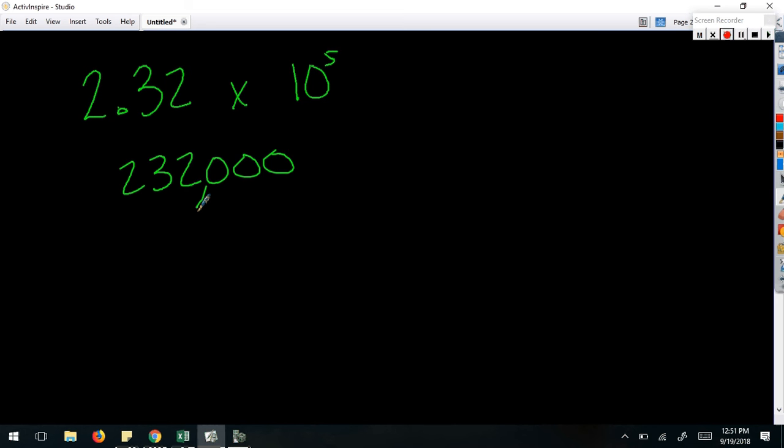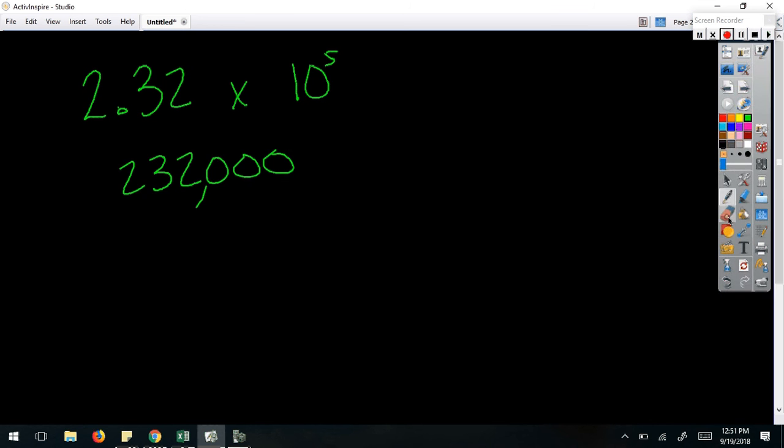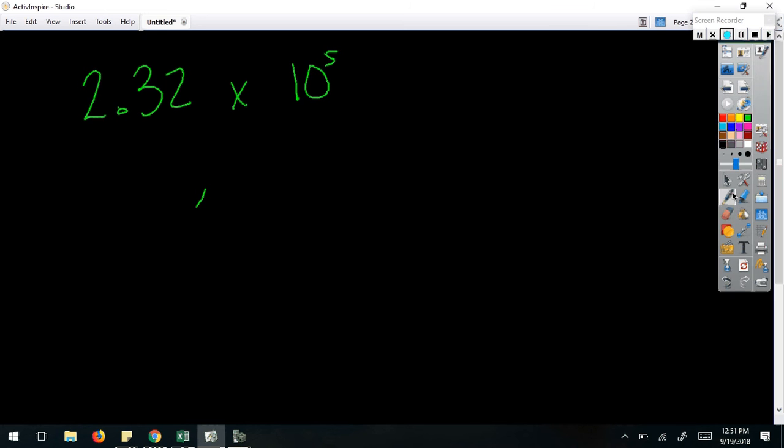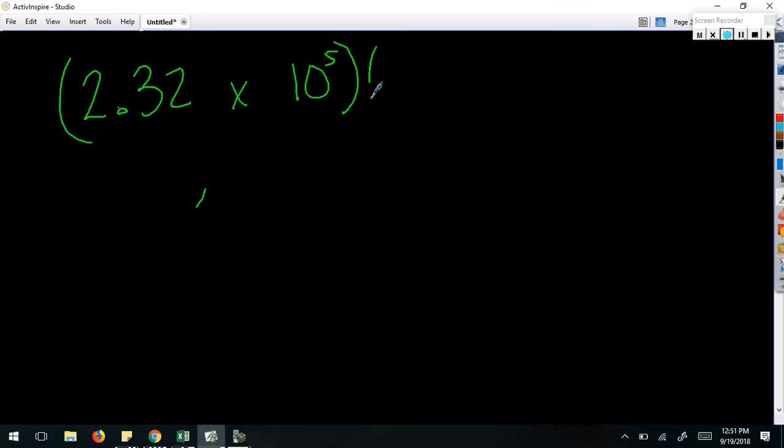So what if I asked you to take this number and multiply it to this? You add the exponents. Good job. It's a property of exponents kind of problem. This is a multiply problem. Multiplication is, what's the word that starts with a C?